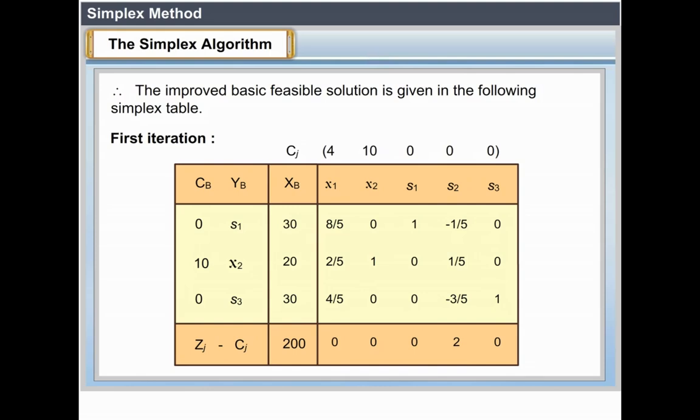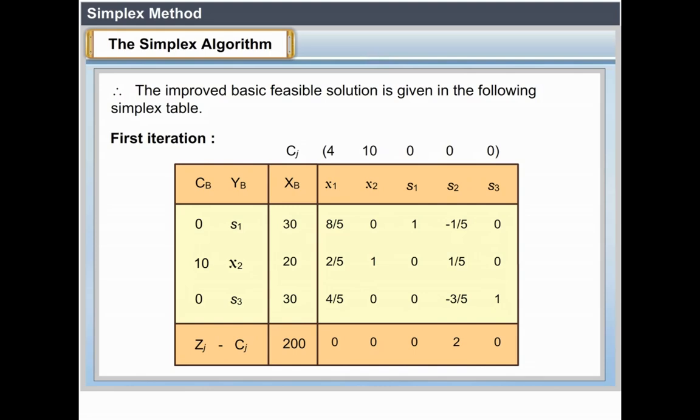We fill the 0, 10, 0 using our cost coefficients, which are what we have in the standard form of the objective function. Now, we have to fill the table row by row with the new values. First row: 0 for CB, S1 for YB, 30 for XB, 8 by 5 for X1, 0 for X2, 1 for S1, minus 8 by 5, minus 1 by 5 for S2, 0 for S3.